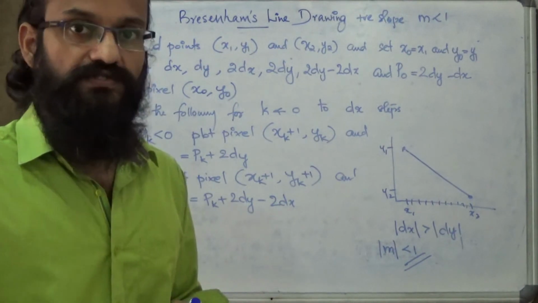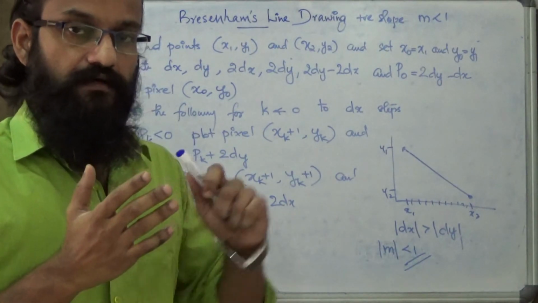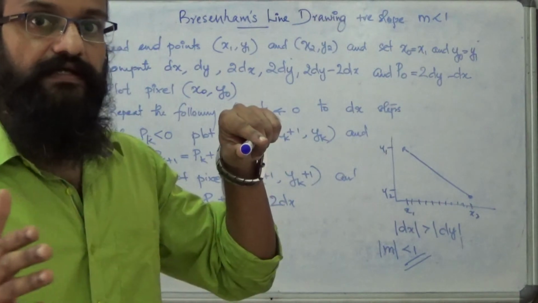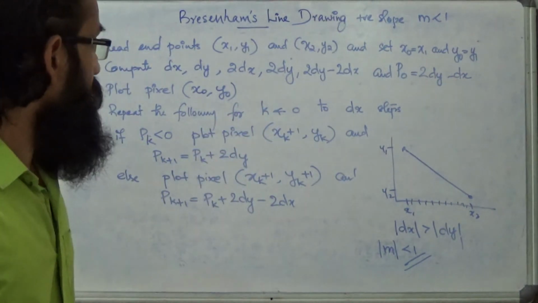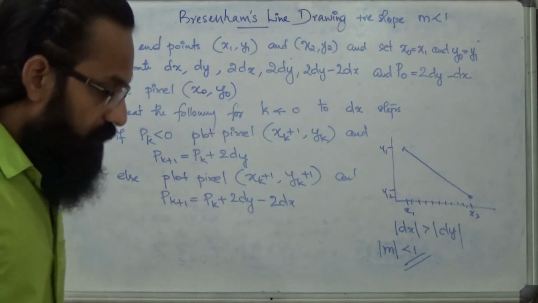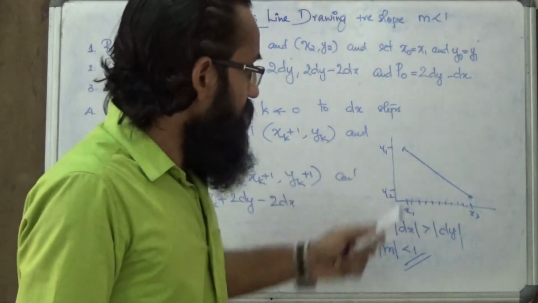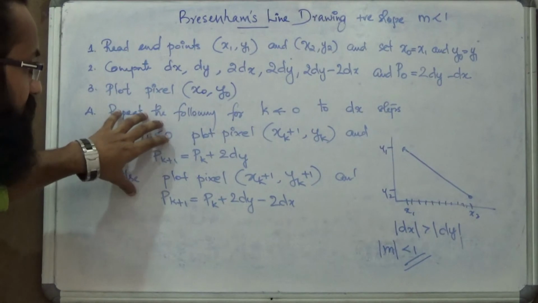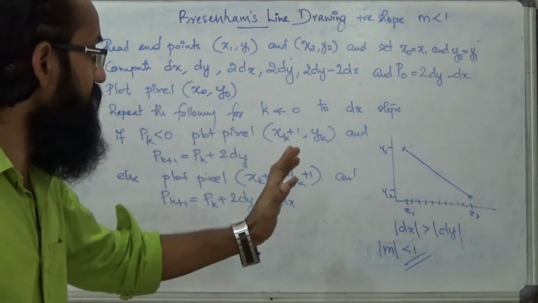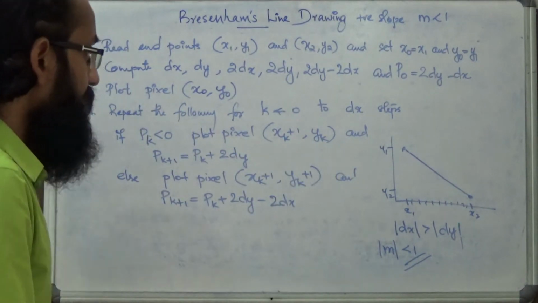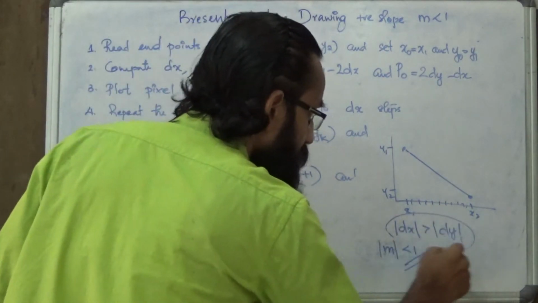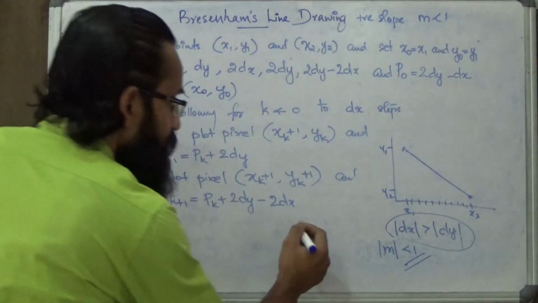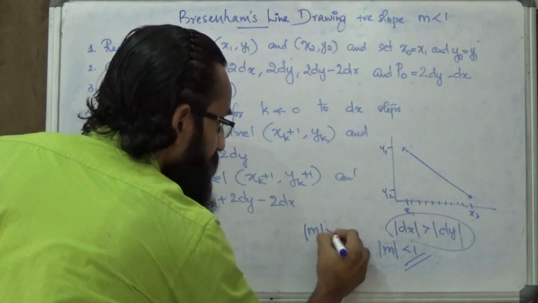If the line is horizontal, you keep y stationary and increment x by 1. For a negative slope line, you have to alter this procedure in such a way that you decrement y by 1.